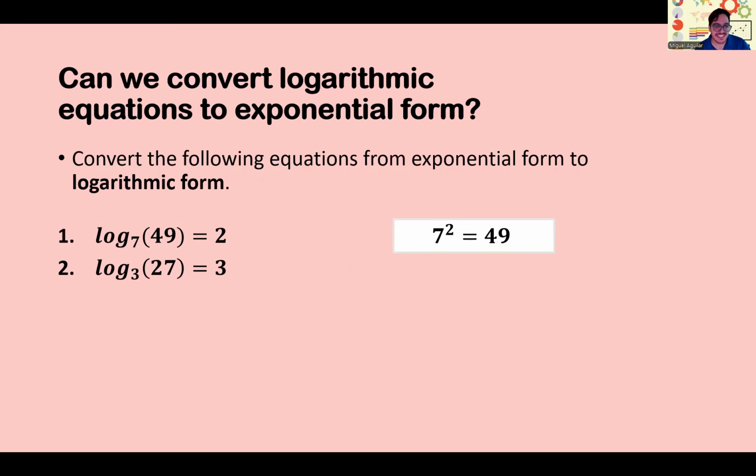Yeah, 3 is the base. What's the exponent? 3. And that equals? 27. There you go. 3 to the third power equals 27. So you write the base, you plop that exponent back on, and then the stuff in parentheses is what it equals.